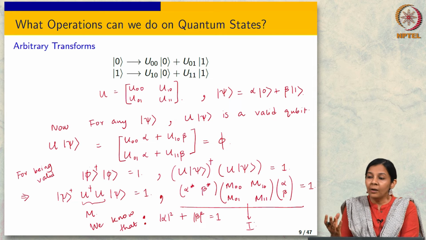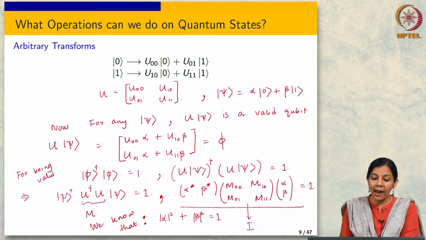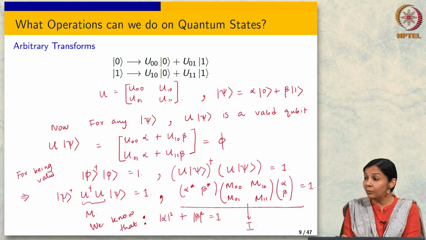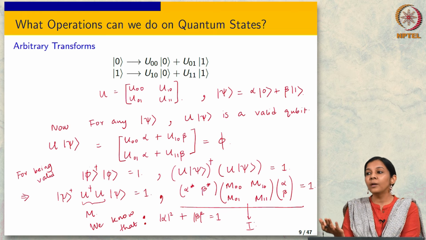In particular, this condition has to hold for all values of alpha and beta, as long as it is a valid qubit. As long as this normalization condition holds, it is a valid qubit, and then for any such valid qubit I need to recover this equation. So, by trying out different values of alpha and beta, I could come up with constraints on M.